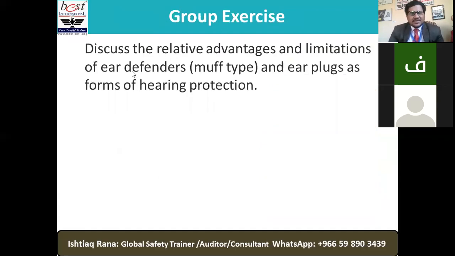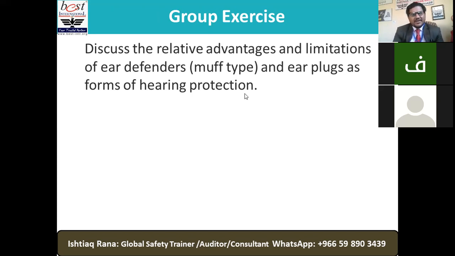We have a group exercise: discuss the relative advantages and limitations of ear defenders, muff type and earplugs as forms of hearing protection. Everything has advantages and disadvantages. But even though some disadvantages are there, it's unavoidable.